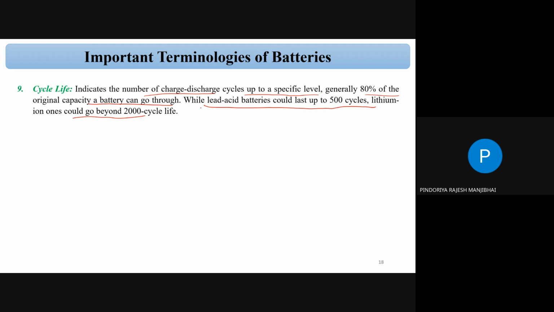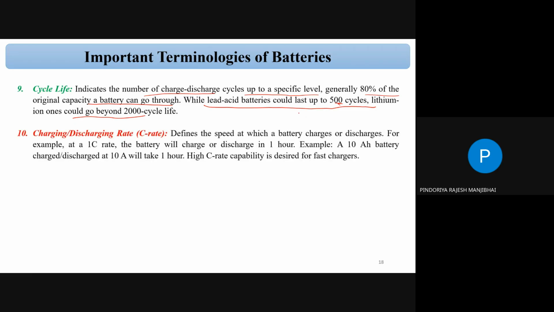So that's why normally we use lithium ion batteries in electric vehicles, as well as mobiles and laptops, because the cycle life of the battery is more. With a lead acid battery we get only 500 cycles, so we can use it only 500 times, and then we have to replace it with another battery and destroy the old battery. That is the cycle life.